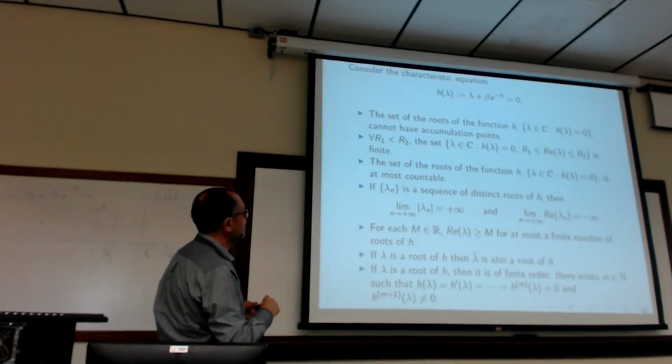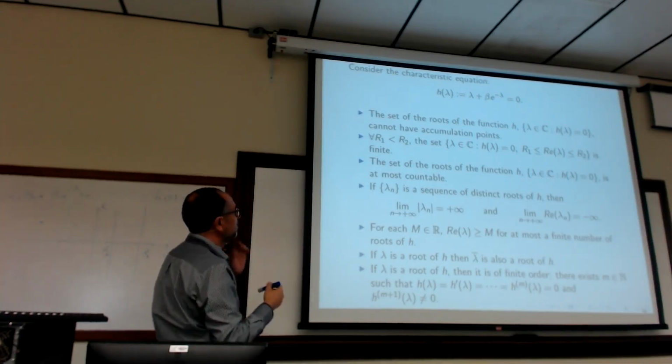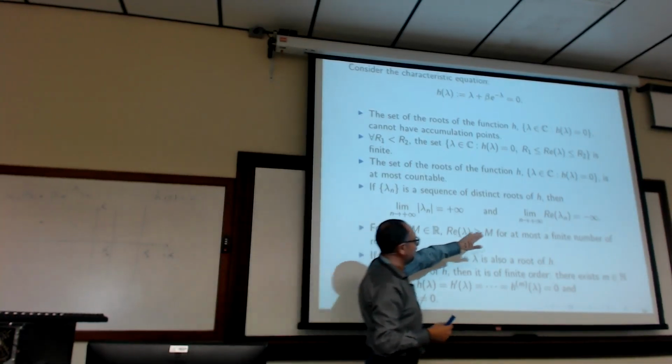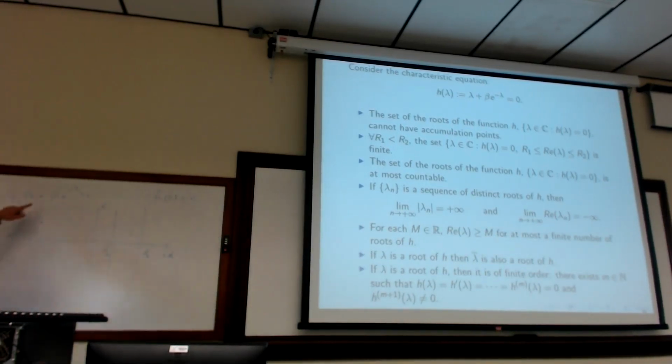The number of roots is at most countable, and we have also this property, very important. This is very easy to prove. We take this and assume that we have solutions, then you will have this. Okay, and you take the modulus, and then you take real part and imaginary part, and you will have here minus the real part, and the imaginary part modulus is 1.